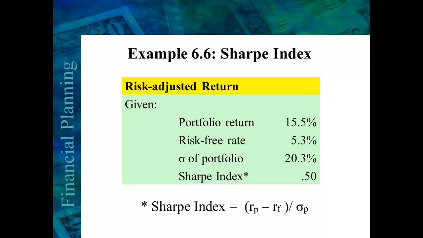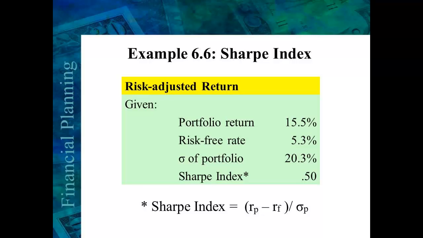What is the Sharpe index of a portfolio with a portfolio return of 15.5%, a risk-free rate of 5.3%, and a standard deviation for the portfolio of 20.3%? The Sharpe index is calculated as 15.5% minus 5.3%, and that difference is divided by 20.3%.